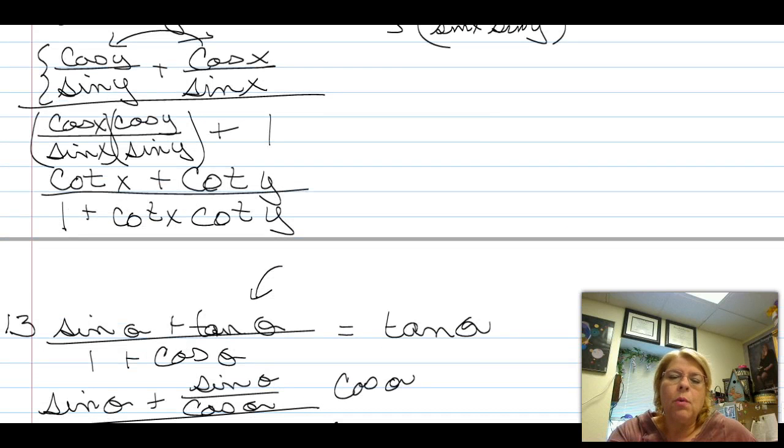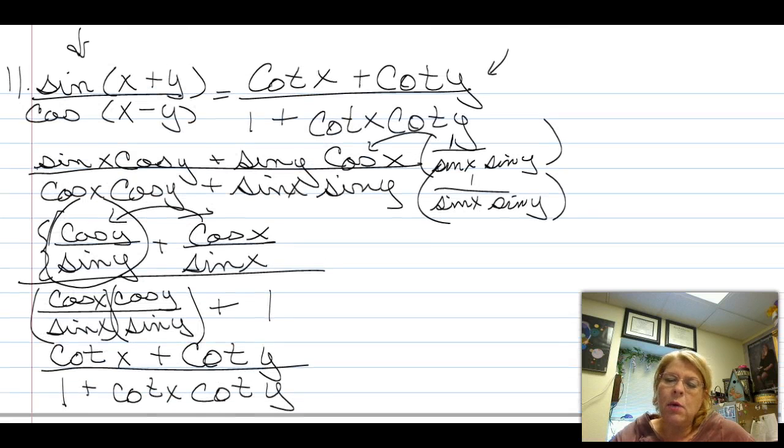Okay, so when I start rewriting, cosine y over sine y is cotangent y. Now, I can look back over here, and I know I need the cotangent y, but I need it last, so I'm rearranging those. I'm switching the order.